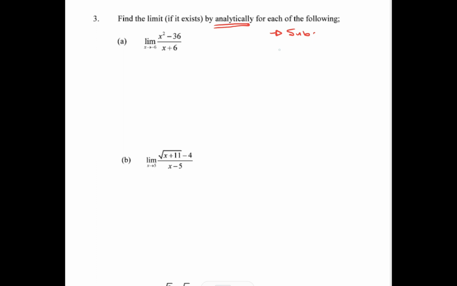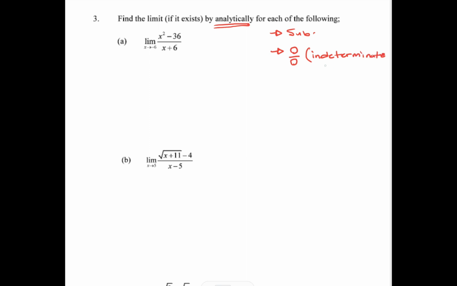But what happens if you substitute directly and you get the value 0 divided by 0? This one we call an indeterminate form.